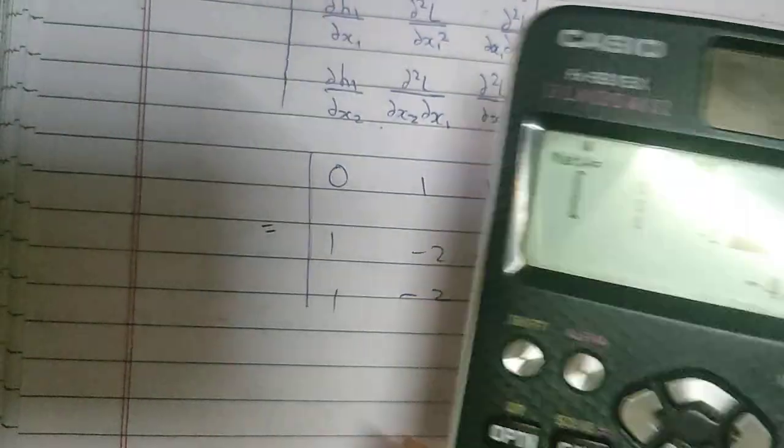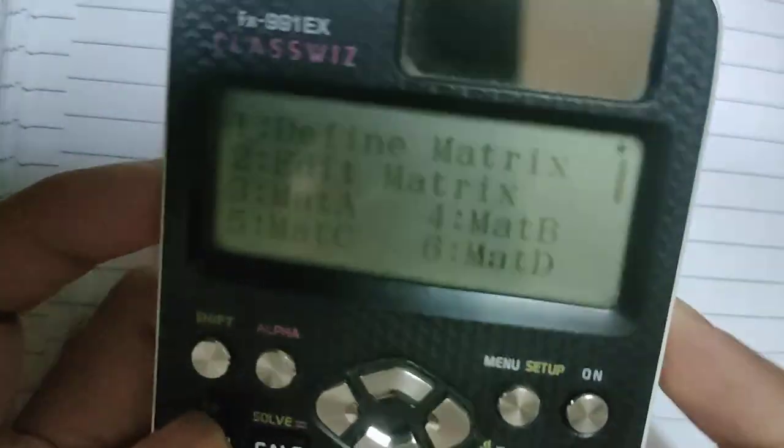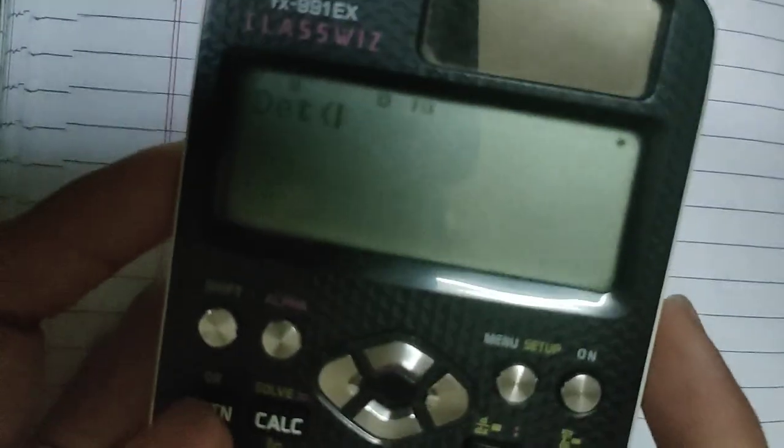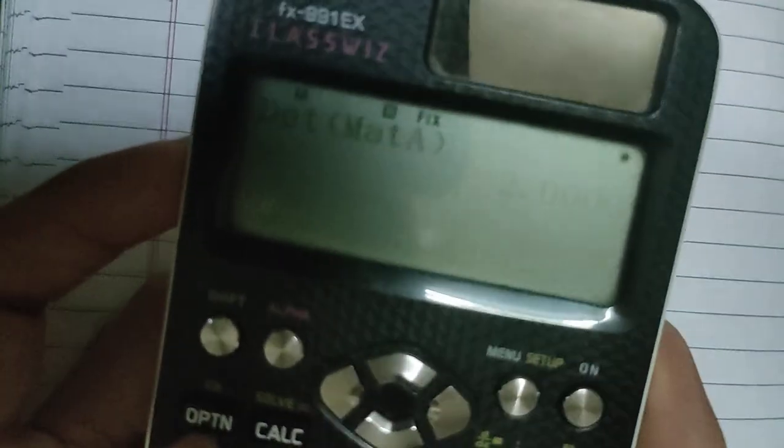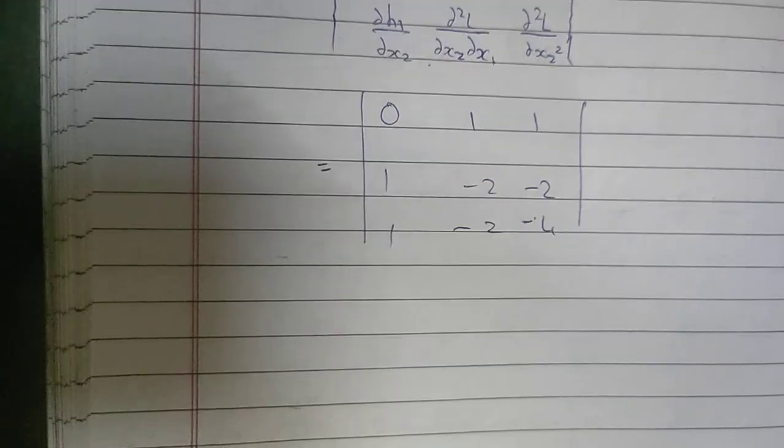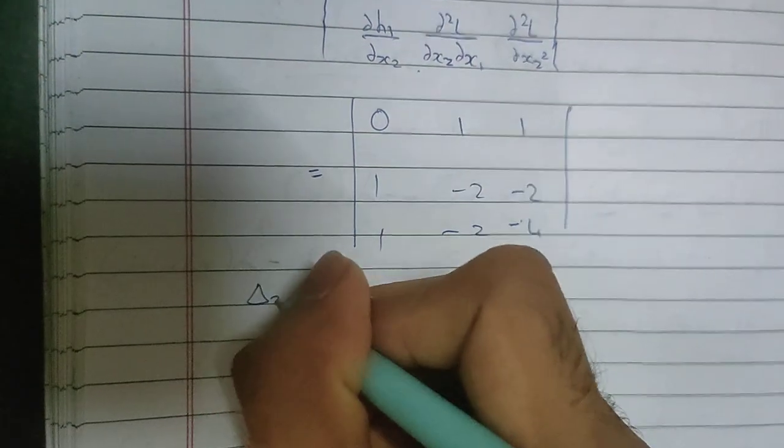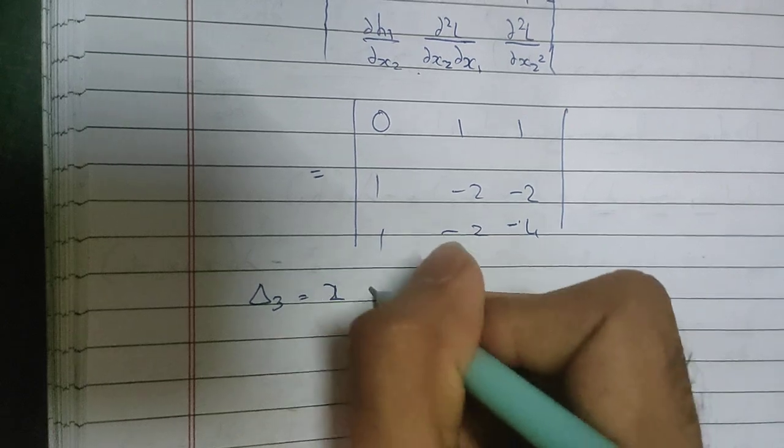Same matrix. Now we go into matrix calculations, then determinant. We get 2, a positive determinant value.